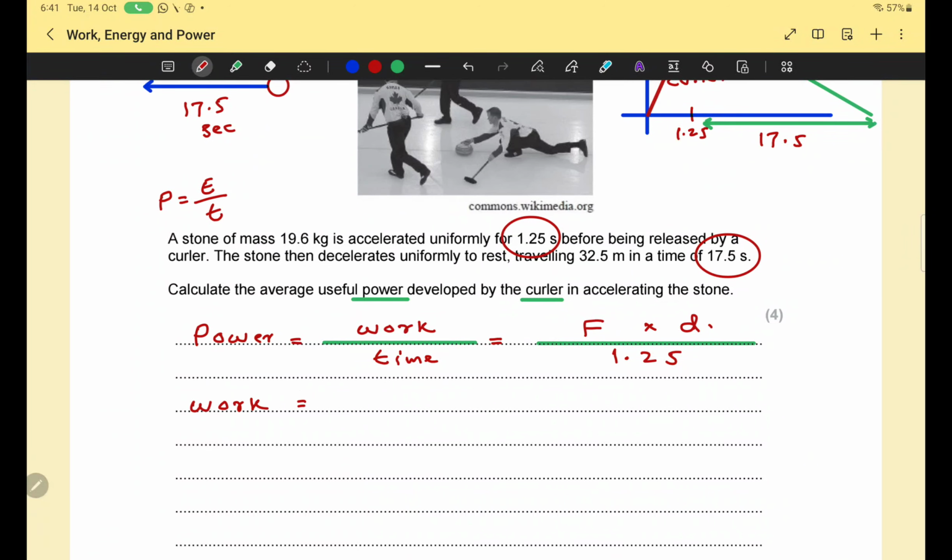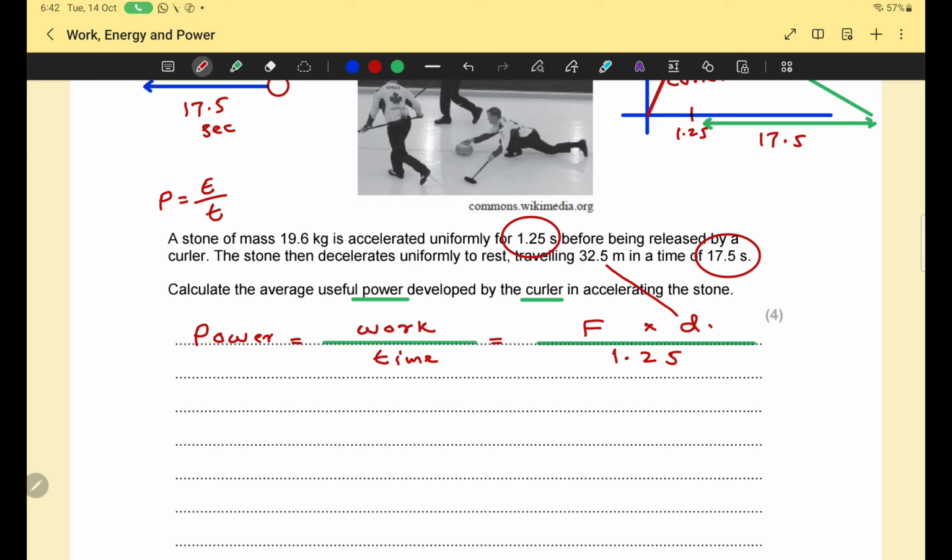You know, when the curler released the stone, the stone is moving, and when the stone is moving, then work equals kinetic energy, and kinetic energy is half mv square. Or you can solve this question by force into displacement as well.